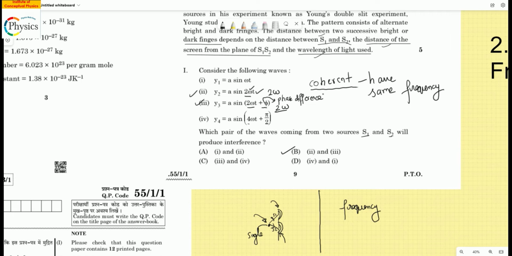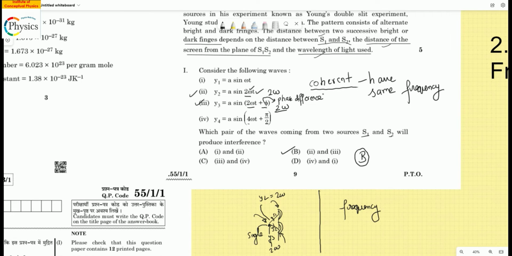So answer B is the correct answer. I hope this made sense to you. Please understand that coherent sources must have the same frequency. And the two waves which are traveling here are Y2 and Y3, for example, this is Y2 and this is Y3. And they must have the same frequency, which is 2 omega.